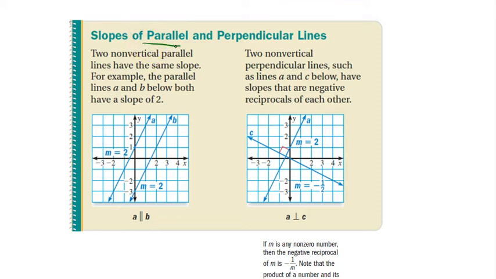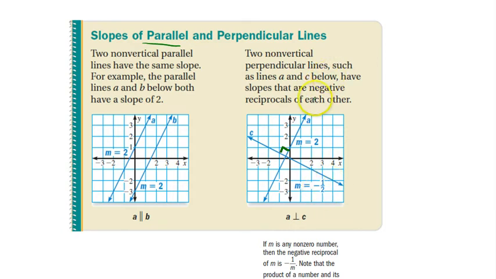Now, if you look at a perpendicular line, remember, a perpendicular line is when you have two lines that cross and form right angles. So line A, again here, has a slope of 2. I rise 2 and run 1. But the line perpendicular to it, line C, has a slope of -1/2.